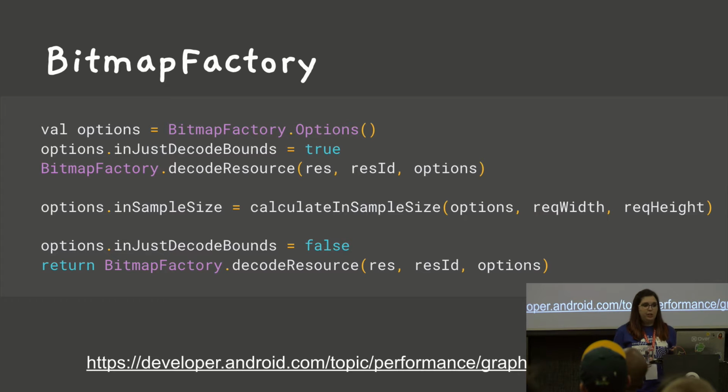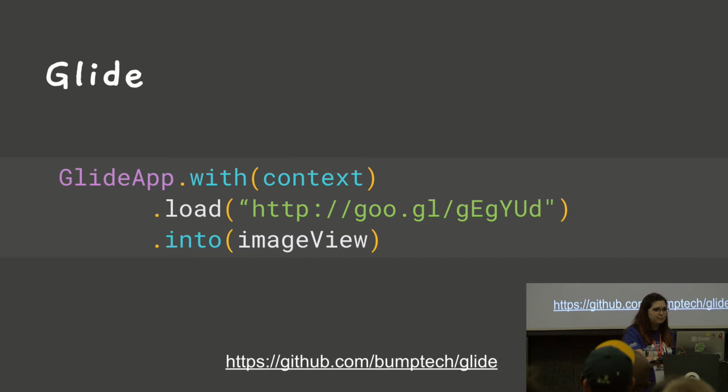With Bitmap Factory, it becomes a lot more difficult because not only do you have to download the bitmap yourself first, but you also need to do all your cache management yourself. So storing the file, making sure that you don't load up the file again and again. That is not included in this code snippet that we have here. So it's basically the very hard way to load up a bitmap in Android.